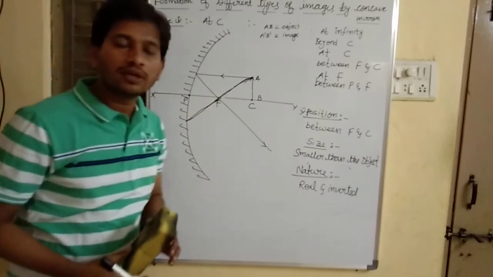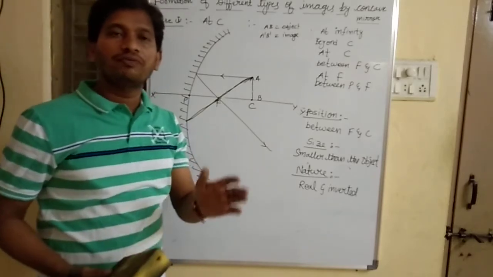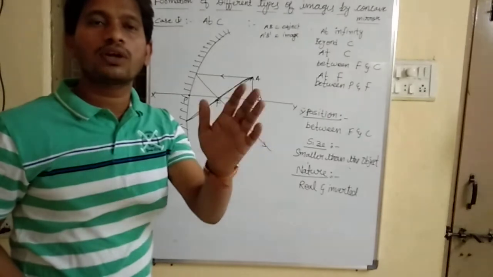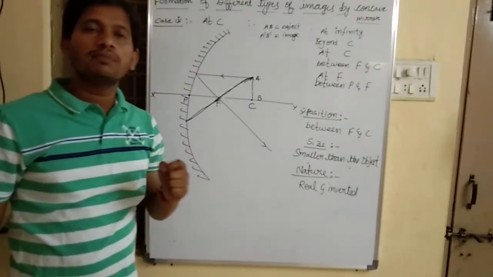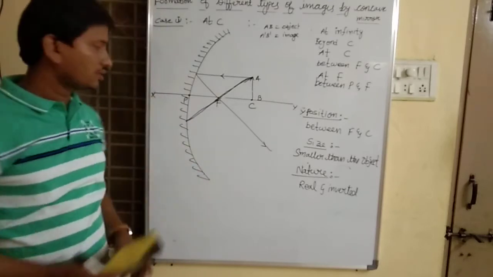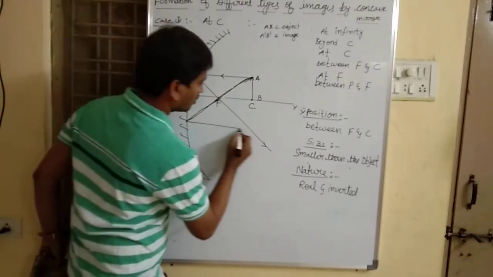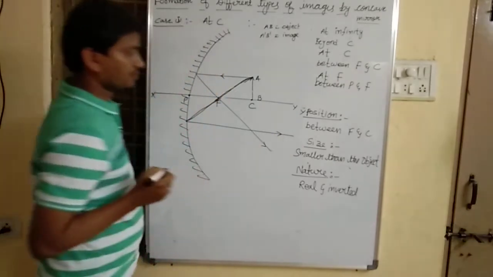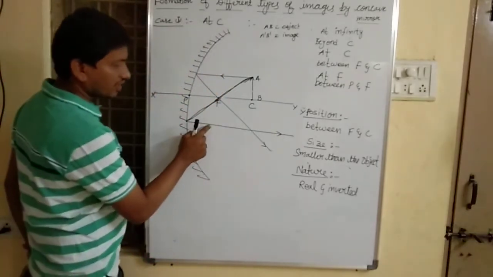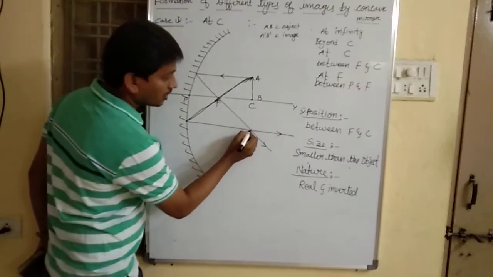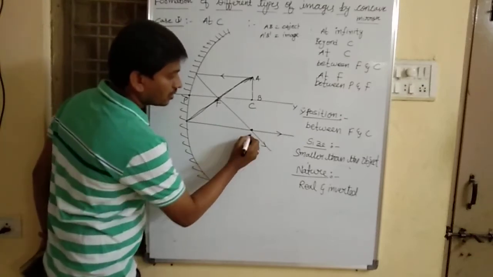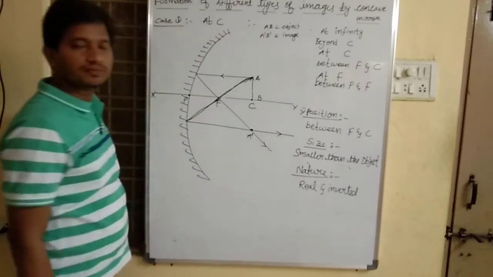According to rule number 3, when a ray of light passes through the focus of a concave mirror, after reflection it becomes parallel to the principal axis. This is my second reflected ray and this is my first reflected ray. Where do those two reflected rays meet? At this point. The intersection point is A dash.